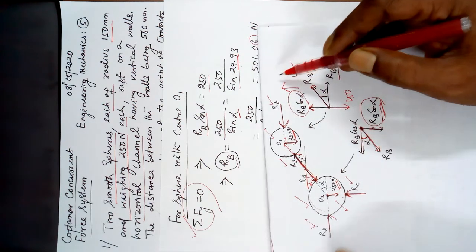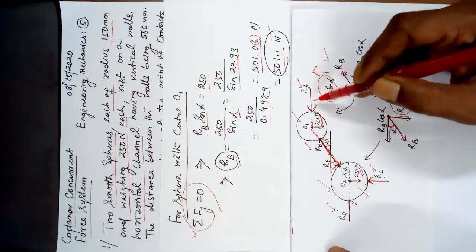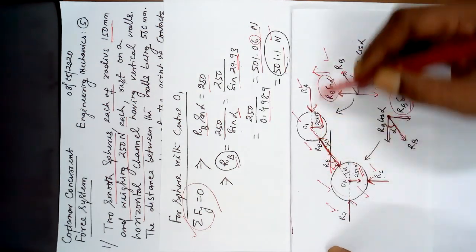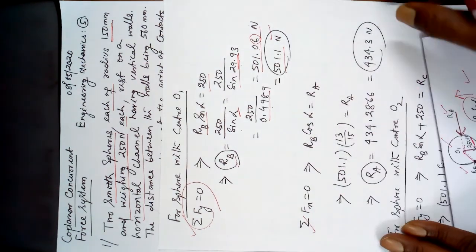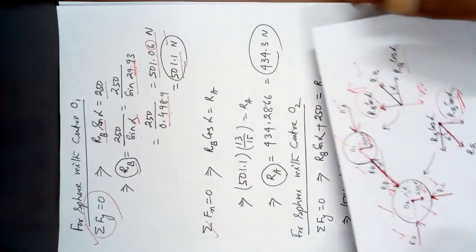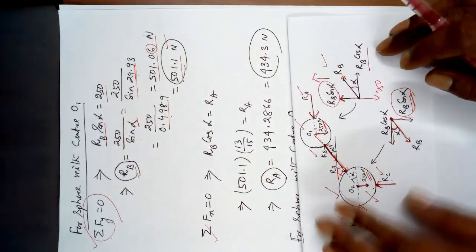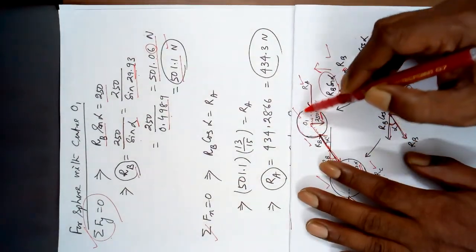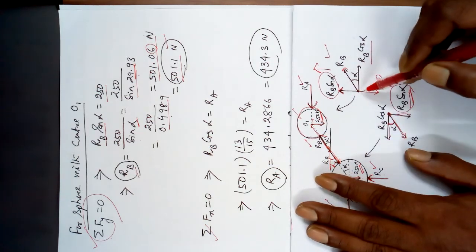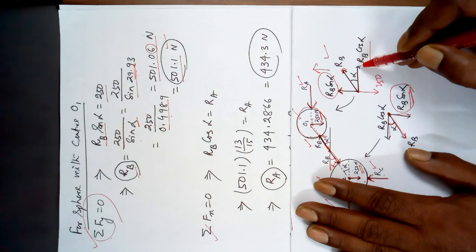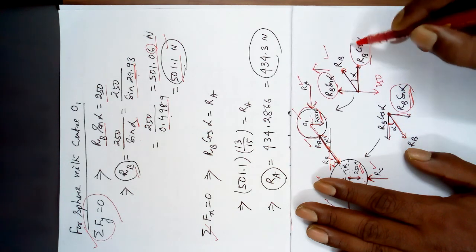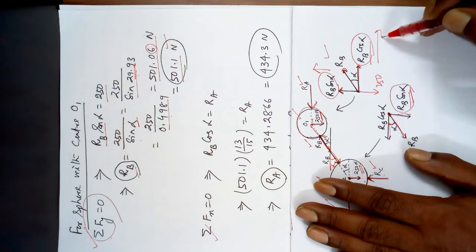Now again for the same sphere along the x direction. The sphere is neither going to this side nor to this side. So along the x-axis, the net force is 0, that is sigma Fx is equal to 0. Now look, for this sphere, RB is making angle alpha with the horizontal, so this is RB cos alpha along the x-axis.